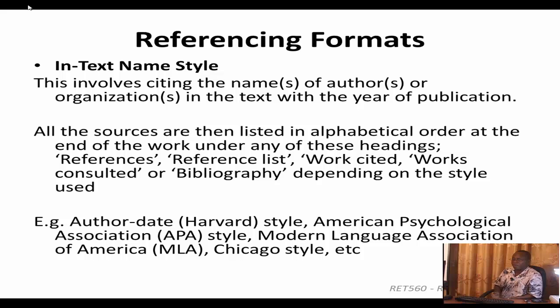Okay, so Akola Chair 2005, or Ministry of Energy 2010. So the name of the author or organization and the year of publication. Now, all the sources are then listed in alphabetical order at the end of the work under any of these headings: references, reference list, works cited or works consulted, or bibliography, depending on the style used.